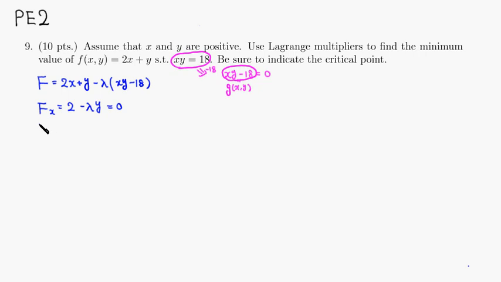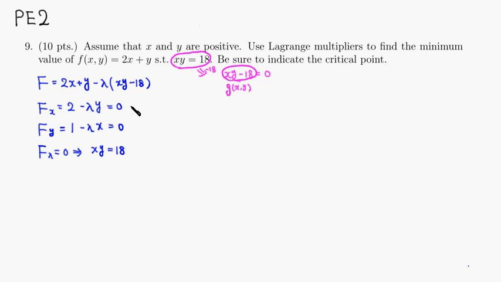Also, the partial of capital F with respect to y gives us 1 minus lambda x equals 0. And the partial of capital F with respect to lambda, set equal to 0, always gives us the constraint, so I'm just going to write down the original constraint, xy equals 18.